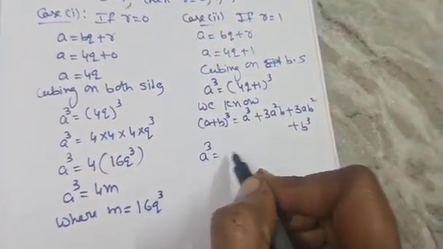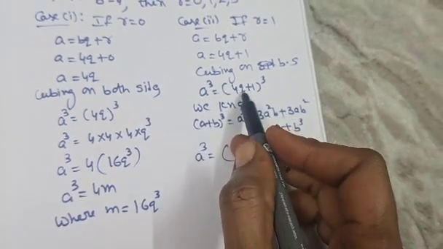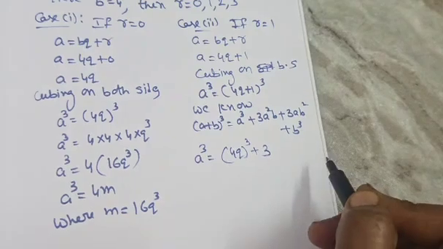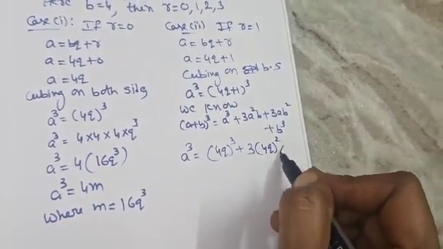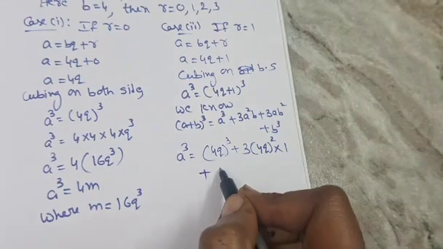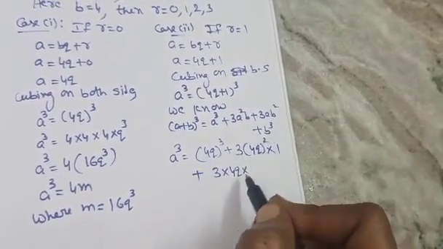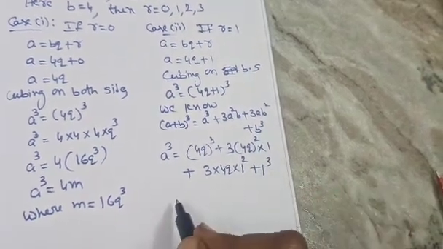Here a value is 4 cube, b value is 1. So a cube equal to 4 cube whole cube plus 3 into 4 cube whole square into 1, plus 3 into 4 cube into 1 square, plus 1 cube.